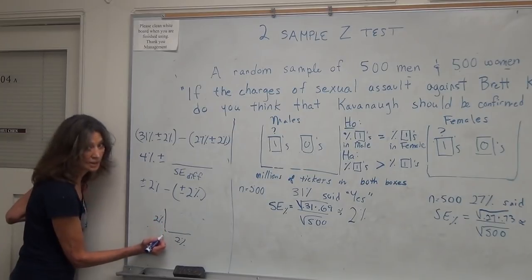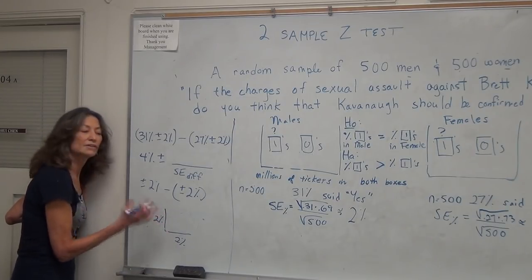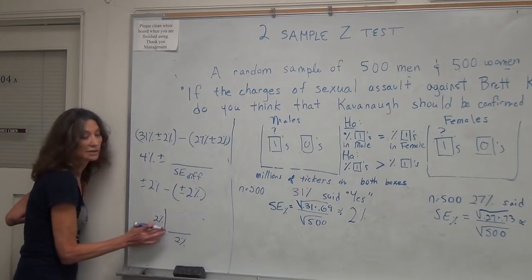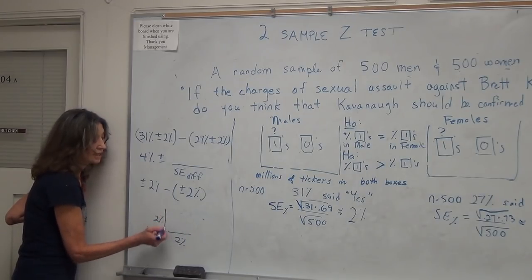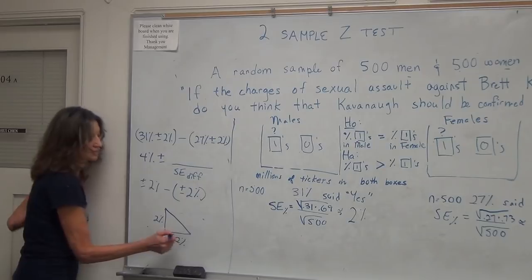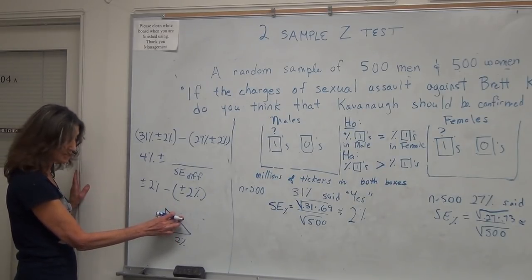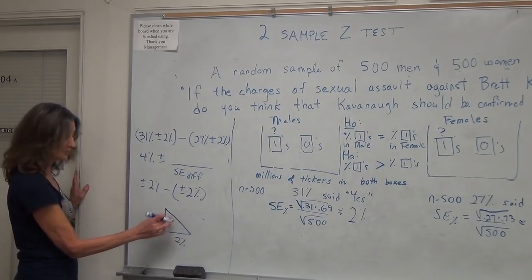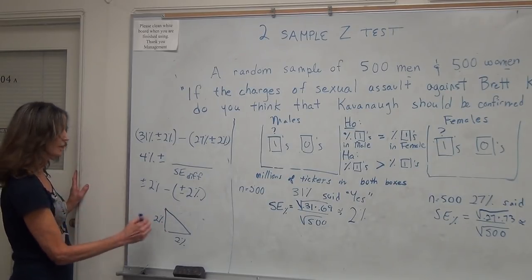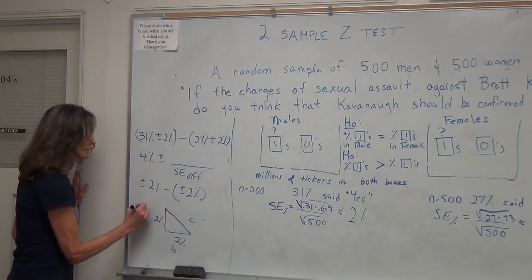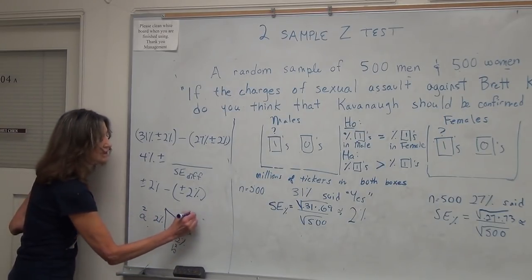So think of them as direction-wise orthogonal to each other, right angles. And so then you can think of the standard error of the difference as the sum of their squares in a Pythagorean triangle. Like if this is A, and this is B, and this is C, A squared plus B squared equals C squared.